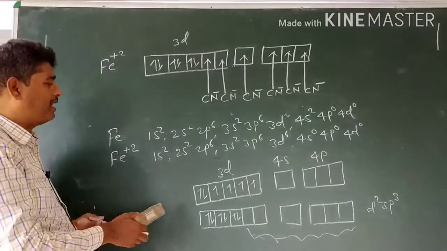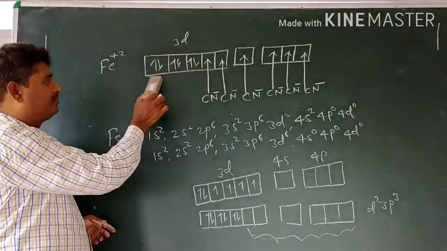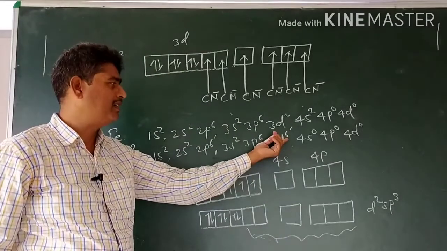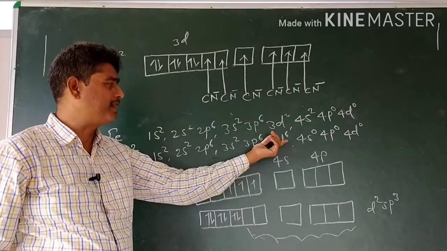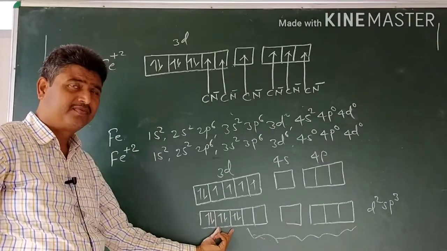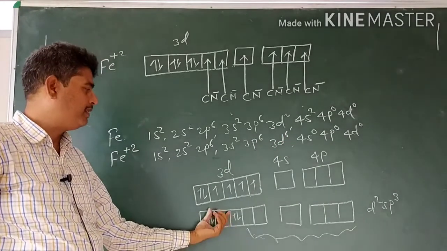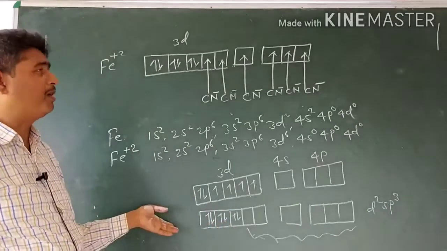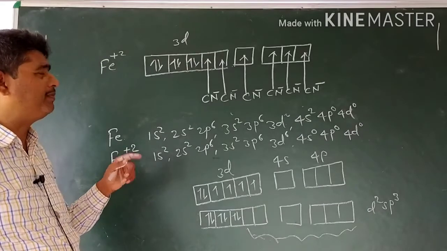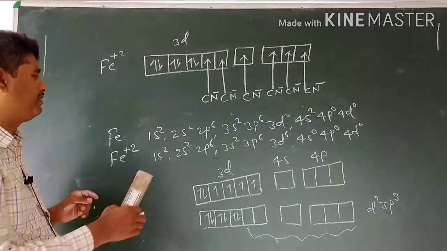All the electrons of 3d are paired. 3d has 6 electrons, and due to the effect of the strong ligand, all 6 electrons are paired. Due to the absence of unpaired electrons in 3d, it will behave as a diamagnetic substance.